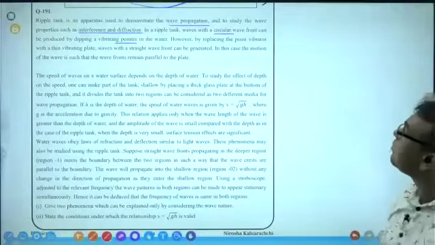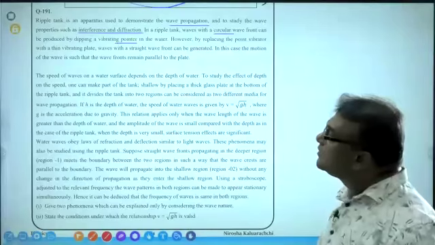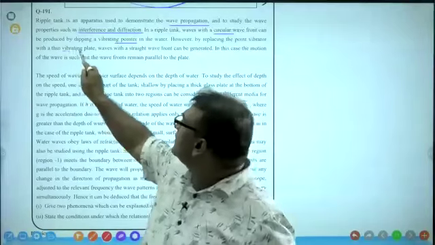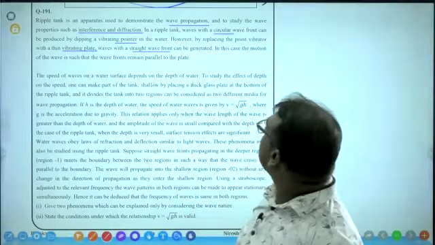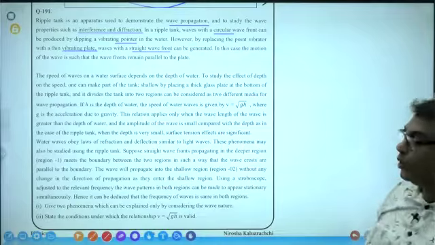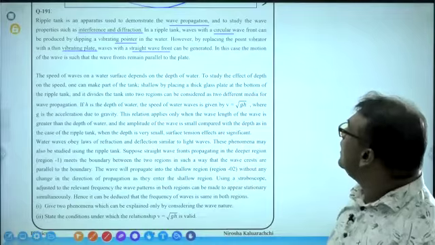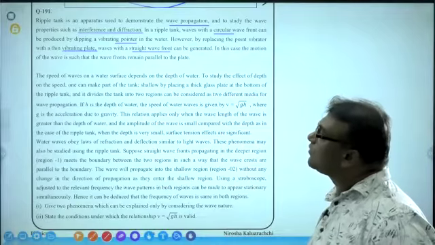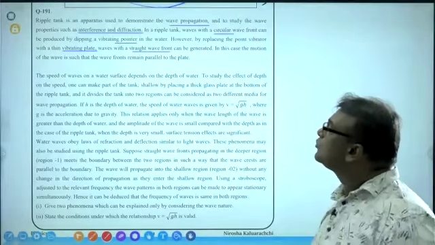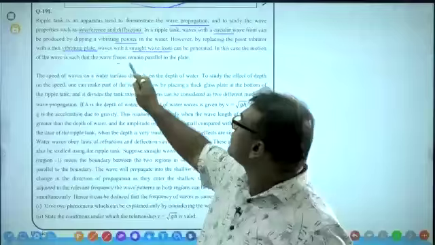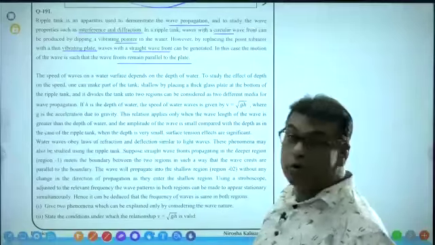However, by replacing the point vibrator with a thin vibrating plate, straight wavefronts can be generated. In this case, the wavefronts remain parallel to the plate. We all know that thing, no?